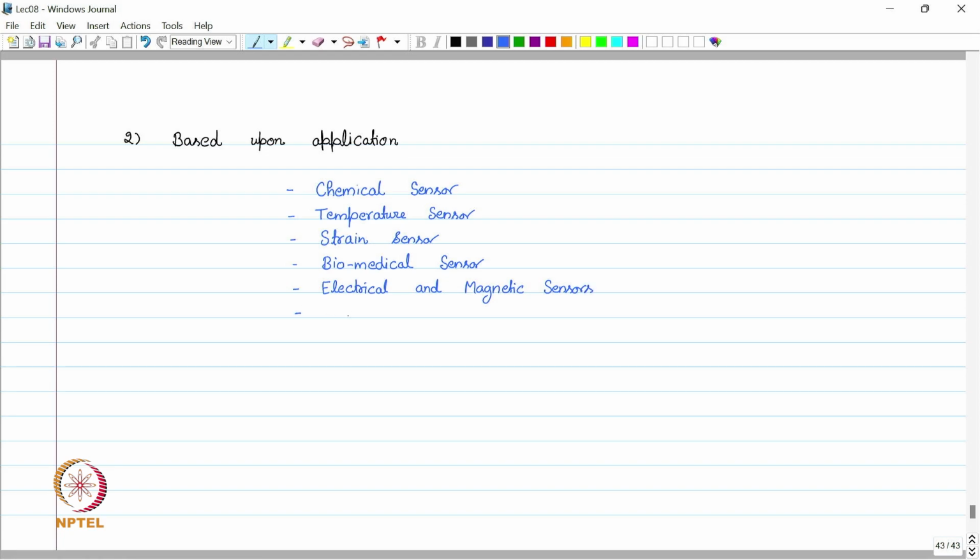Others can be rotation sensor, for example, pressure sensor, and displacement or position sensor.